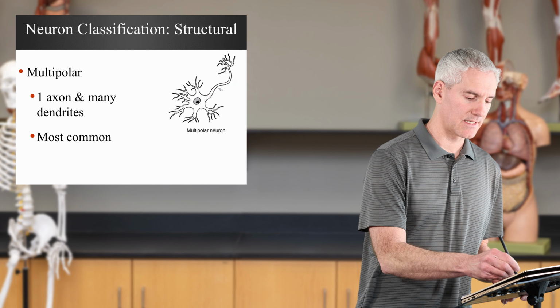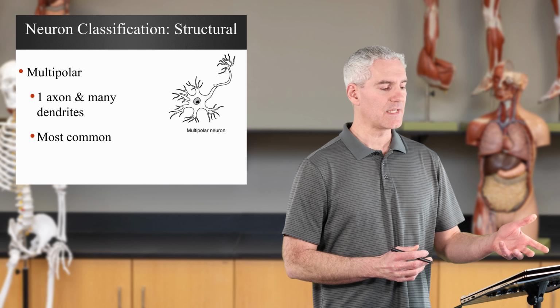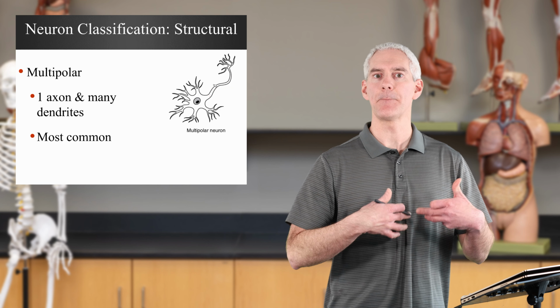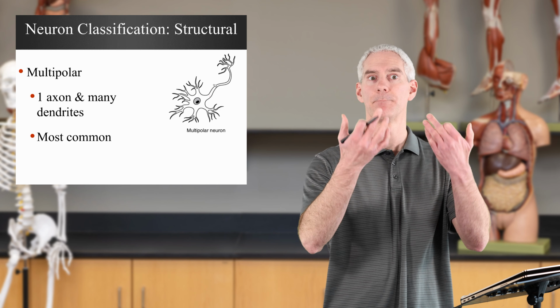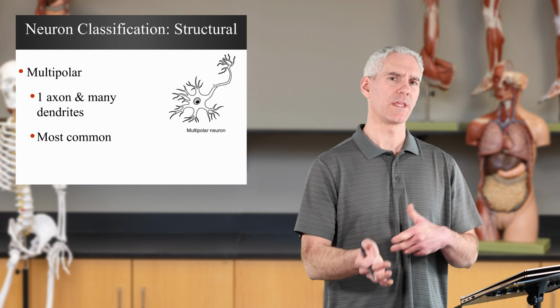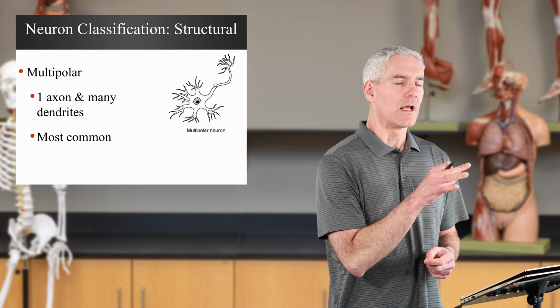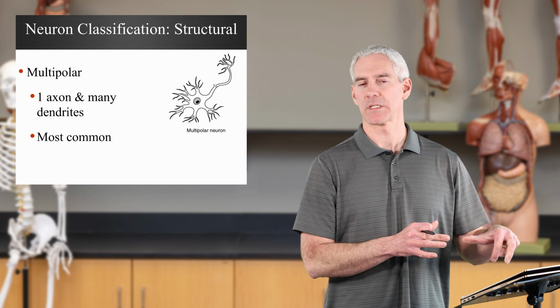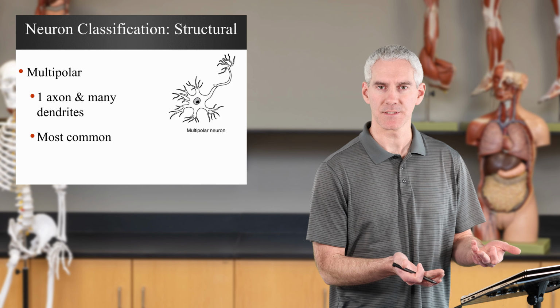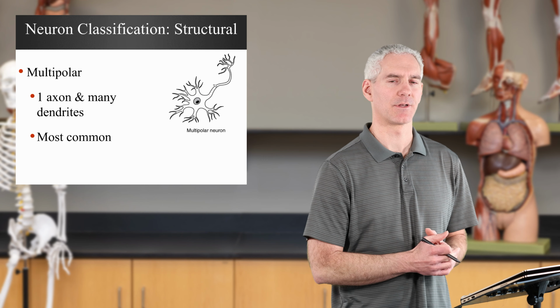So we have one axon and multiple dendrites at this point. This is most commonly found as a motor neuron. That means motor outputs. So motor neurons a lot of times. While the unipolar was mostly sensory neurons. Now, while the unipolar and multipolar might be the most common types, the bipolar is there. It's pretty common, but not as common as the other two.